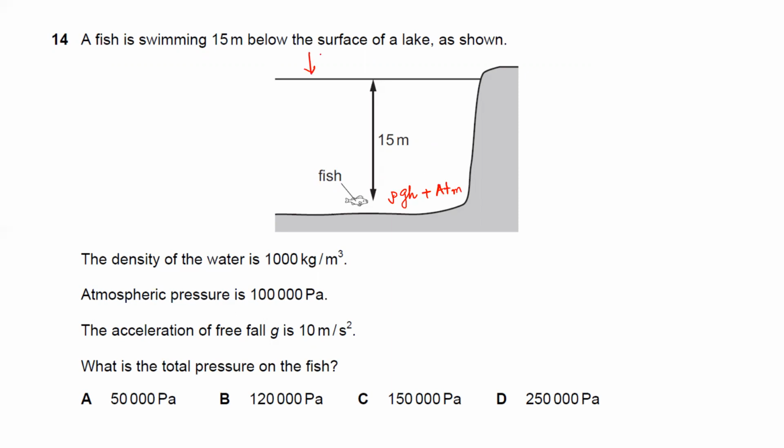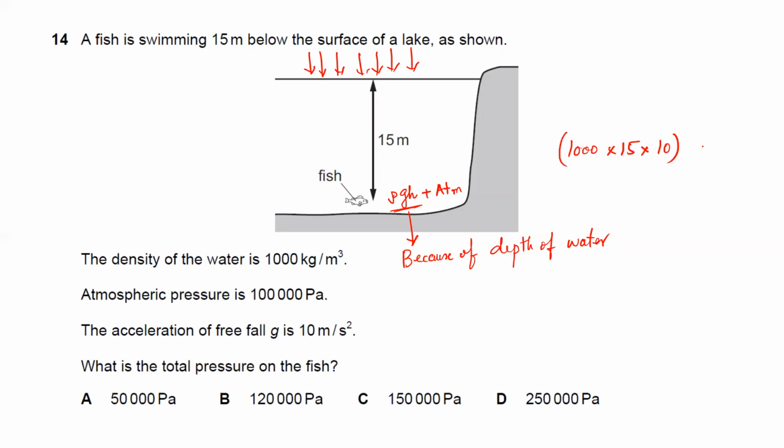So this is the atmospheric pressure that is coming, and this is the pressure because of the depth of water. So what is the total pressure? Rho density is 1000 kg per meter cube, multiply by 15, multiply by acceleration due to gravity 10.